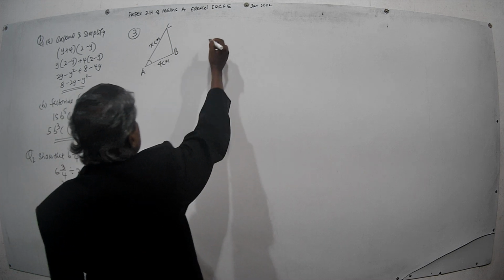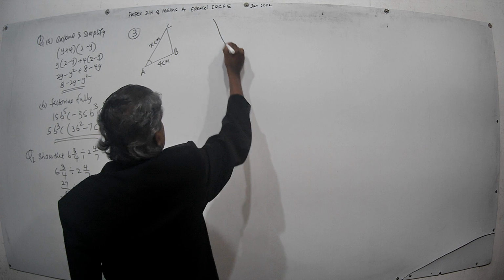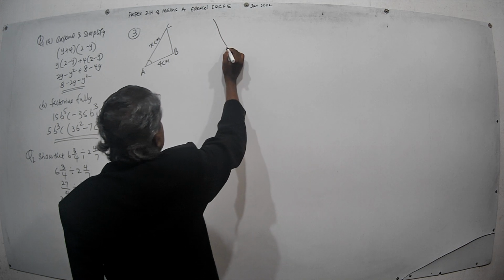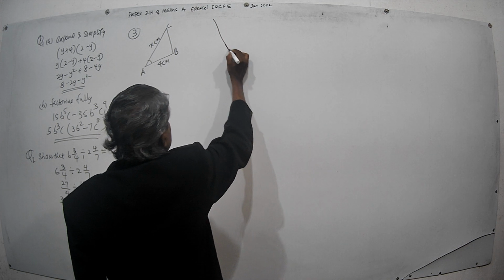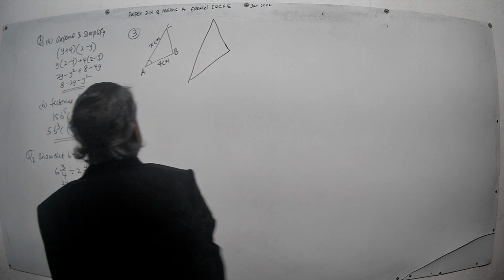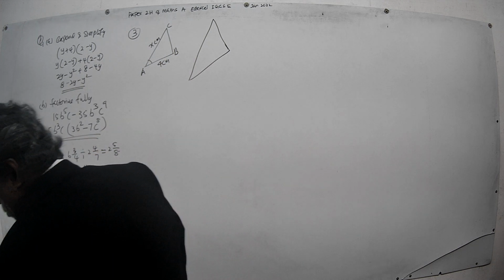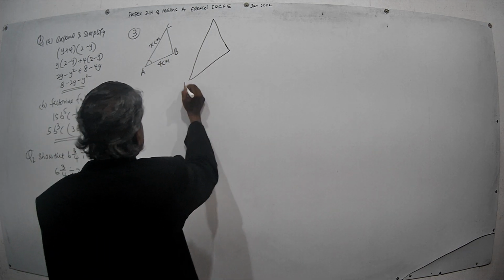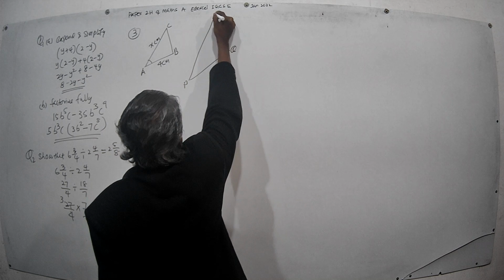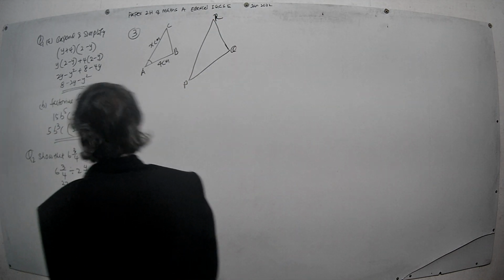Then there's another triangle. A little bit bigger version of the same thing. That is PQR. PQR. Right. Then this is y centimeters.